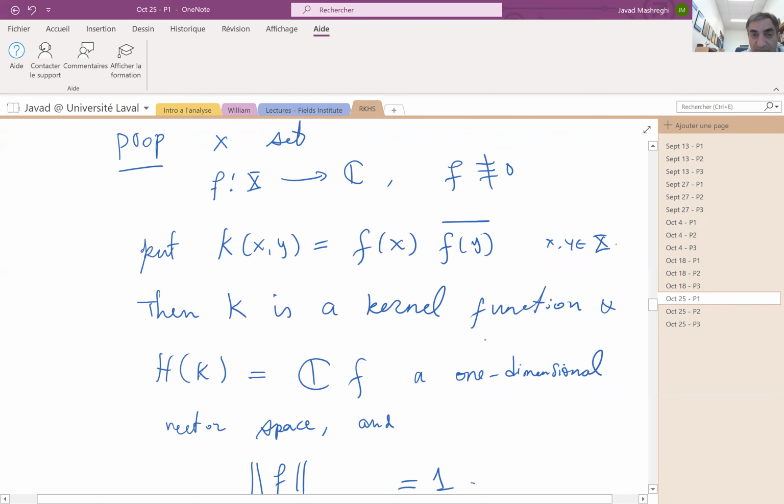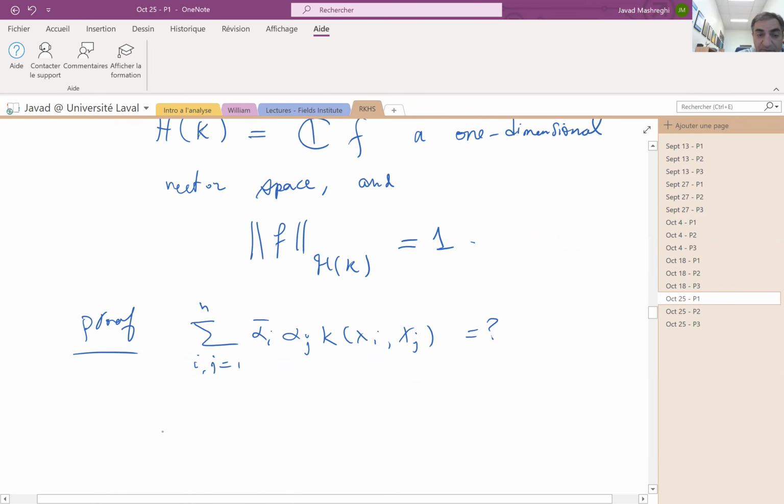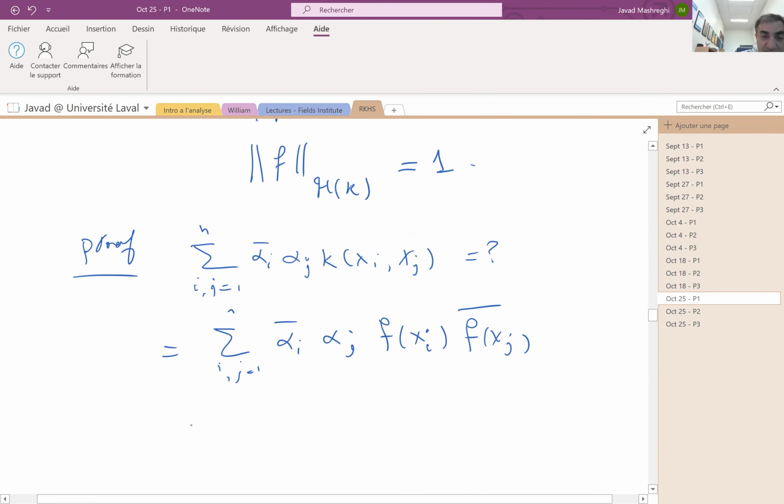So we have the formula for k, we plug it there: the sum of alpha_i bar alpha_j f(x_i) bar f(x_j). That's the definition of k. And now we immediately see that this sum can be written as the sum over i from 1 to n of alpha_i bar f(x_i), the whole thing absolute value squared, which is positive. So it's a kernel function.